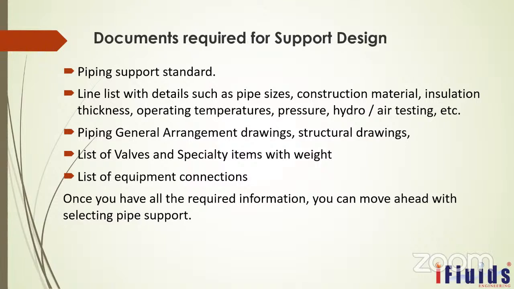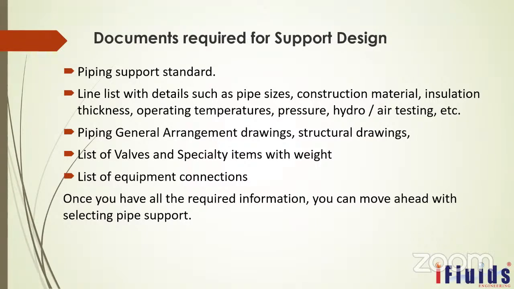The third one is insulation thickness, because based on the insulation thickness only, your height of the shoe and the support load will be decided, because the insulation is going to add load on the self weight of the pipe. So that one you have to consider.